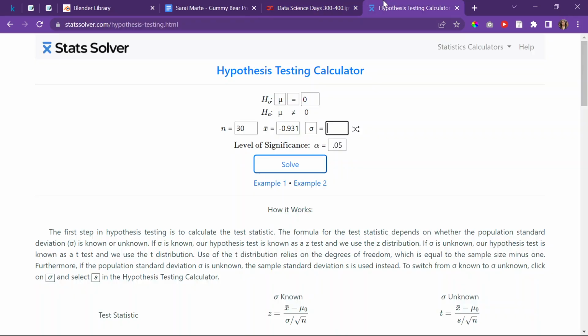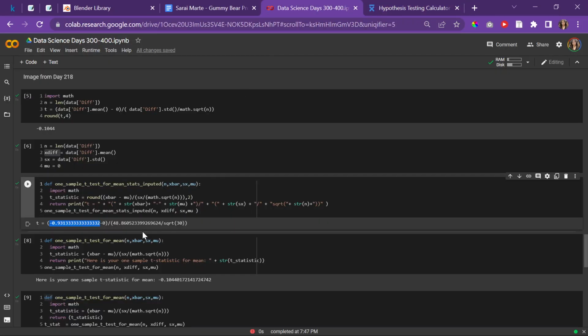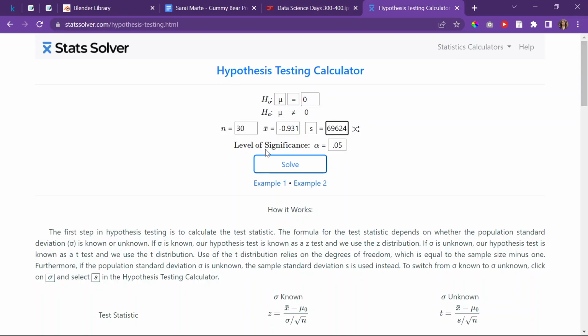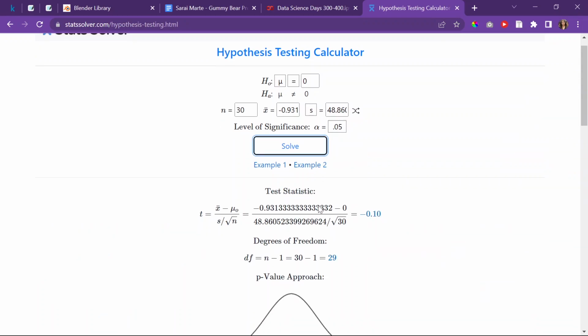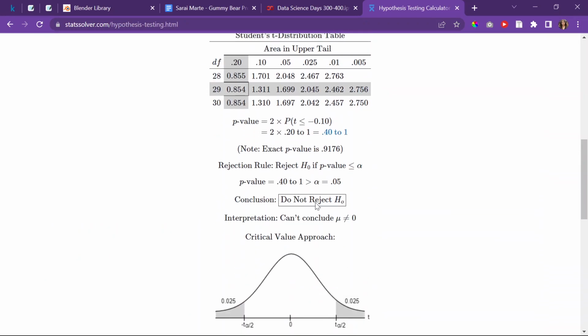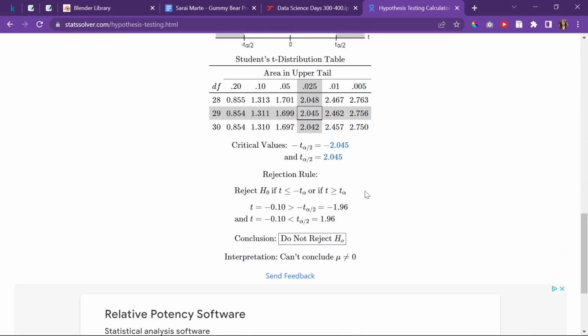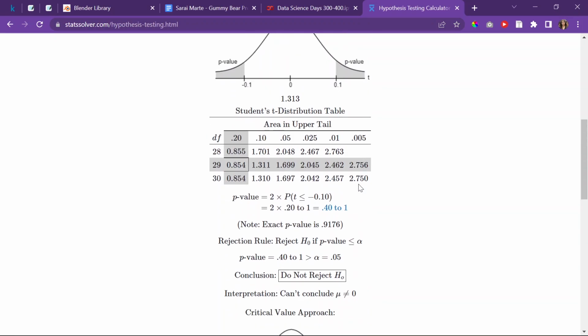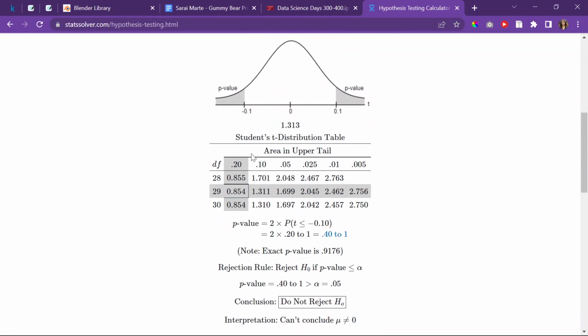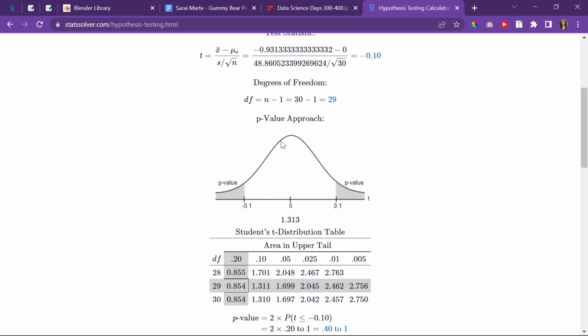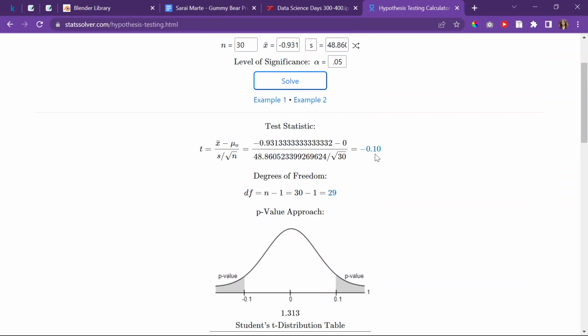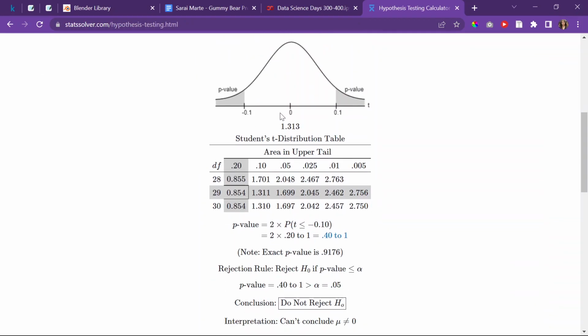Sigma. Well, we didn't have sigma. Standard deviation was 48, blah, blah, blah. And then level of significance 0.05, solve. What am I doing again? Student's distribution table, so we got the t, the negative 0.1044. P-value approach.